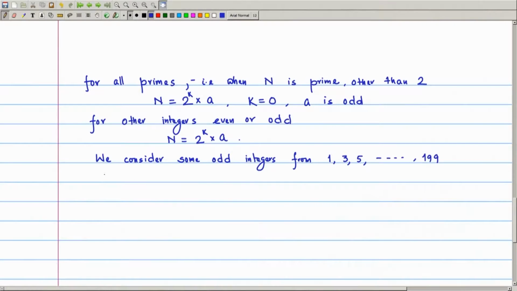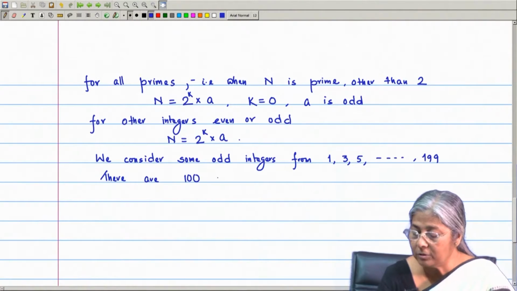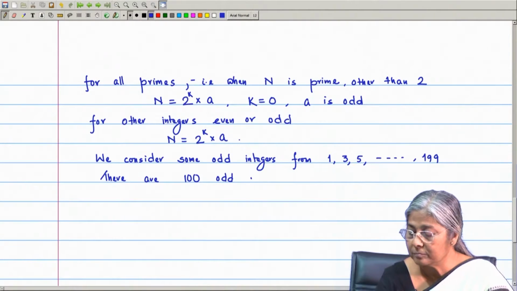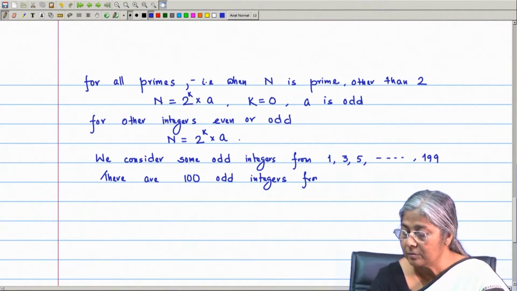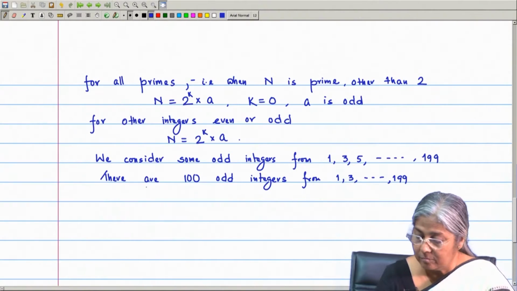How many odd integers are there from 1 to 199? There are 100 odd integers, and a can take any of these values from 1 to 199.